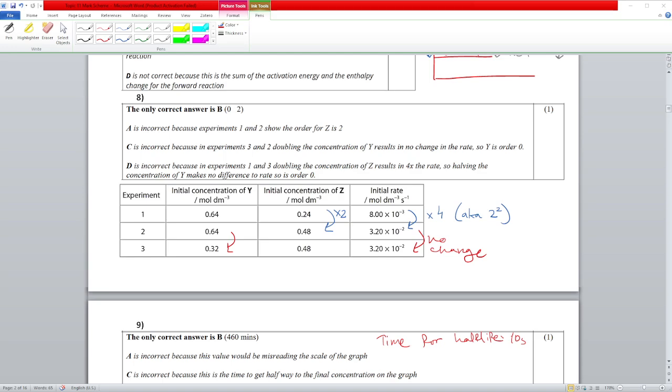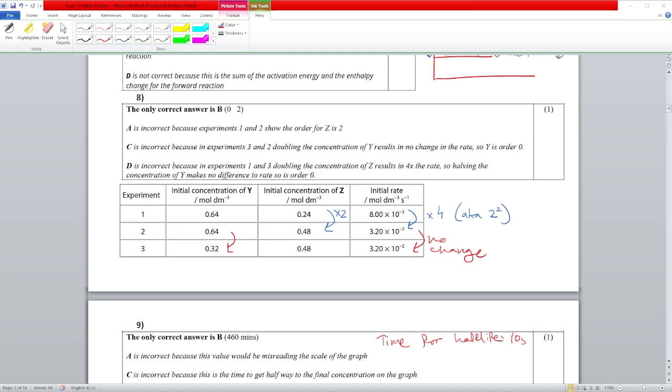So generally, what you're looking for is finding out multiplied by how much is the change you're trying to track, and then that number to the power of how much is the change in the initial rate. So for example, here in this blue text, I have times 2, and then the initial rate went times 4.